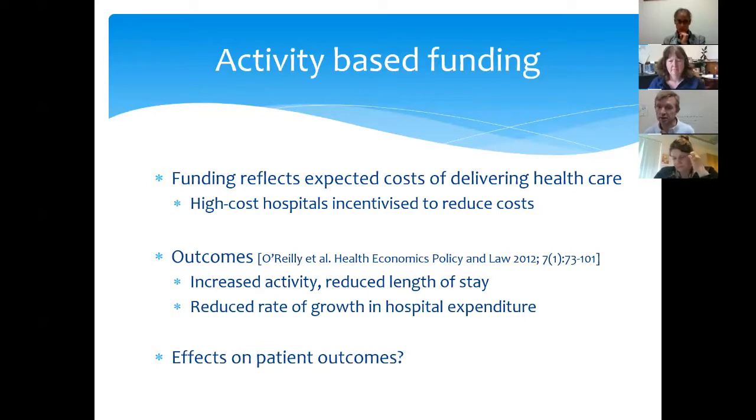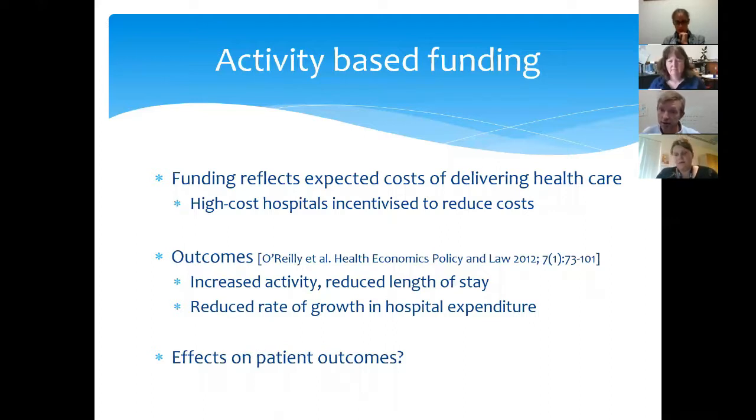So the basic objective is that hospitals receive funding for the activity that they produce, and that funding reflects the expected costs of delivering care. So the idea is that if you're delivering care at above expected costs, you've got an incentive to reduce costs, because you're essentially losing money.